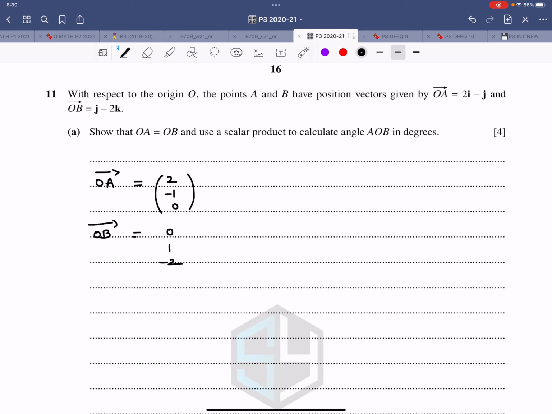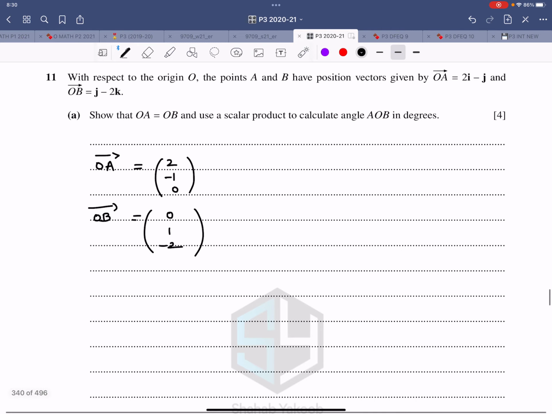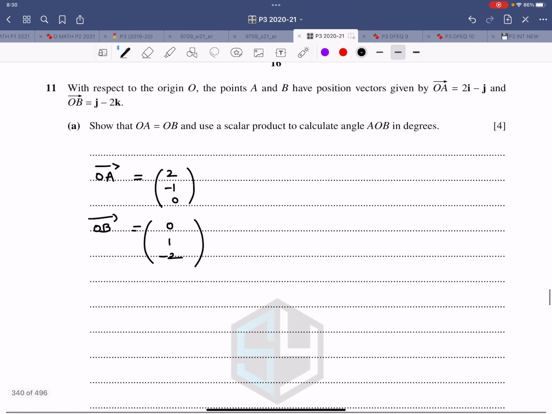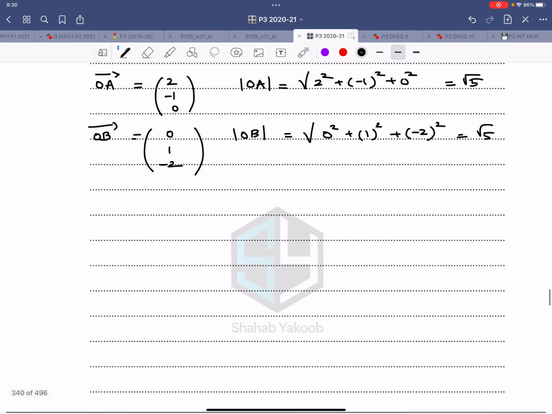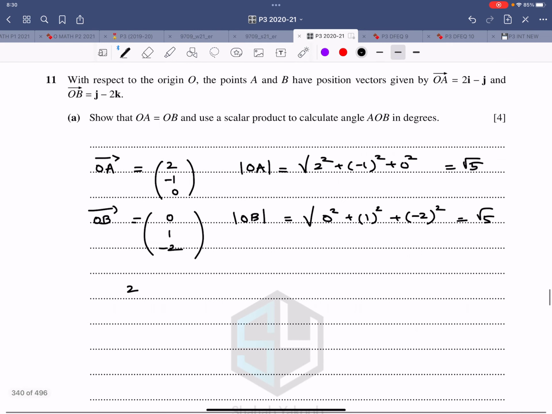Show that OA modulus is equal to OB modulus. That's something very simple. OA modulus, that is 2 square, minus 1 square, 0 square, under root, which comes out to be root 5. OB modulus, that is 0 square, 1 square, and negative 2 square, square root, that is also root 5. So you have to find angle AOB. Just show some working.